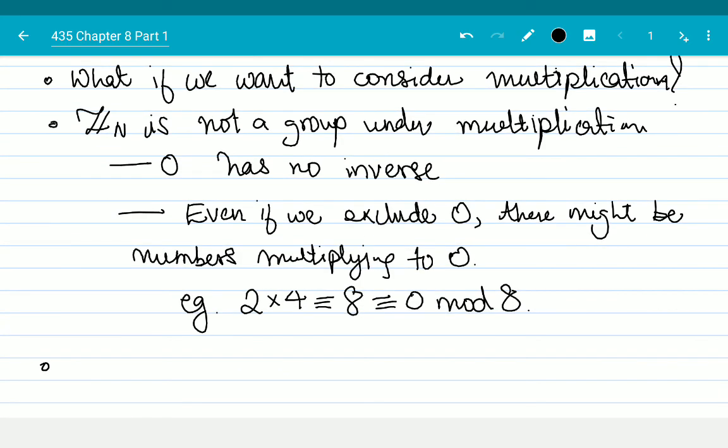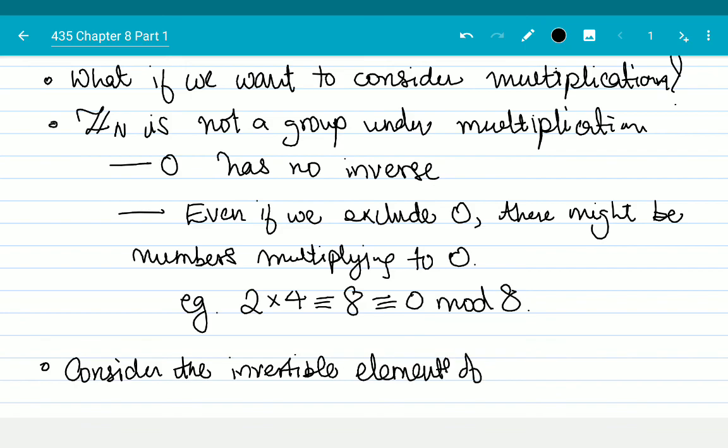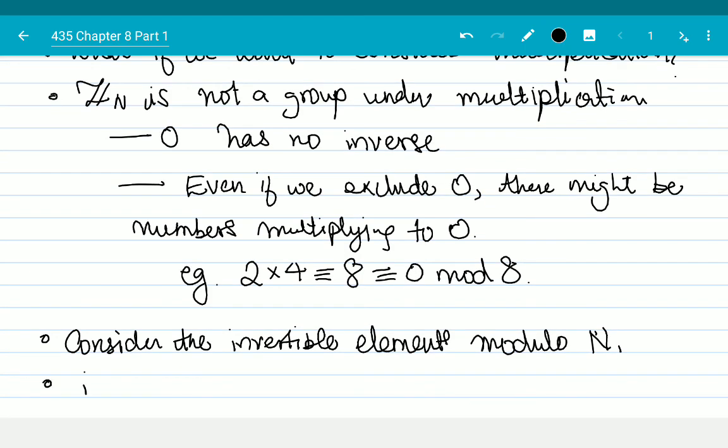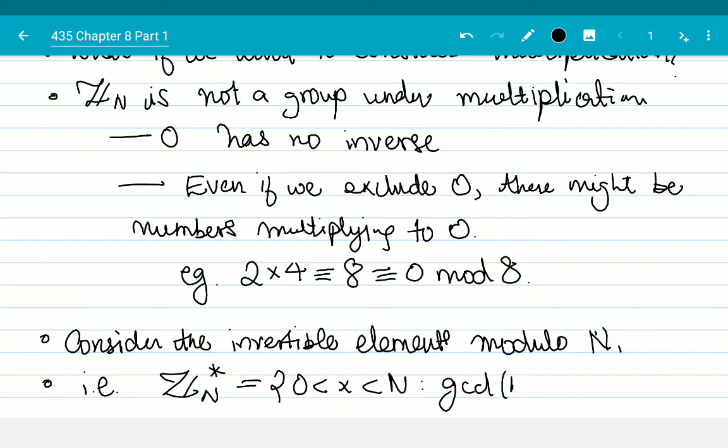Fix this by considering the invertible elements modulo n, which you have seen before, i.e., Zn star, which is all x with 0 < x < n such that GCD of x and n is 1.